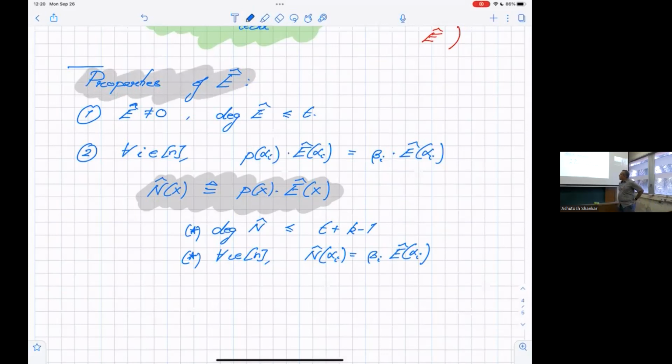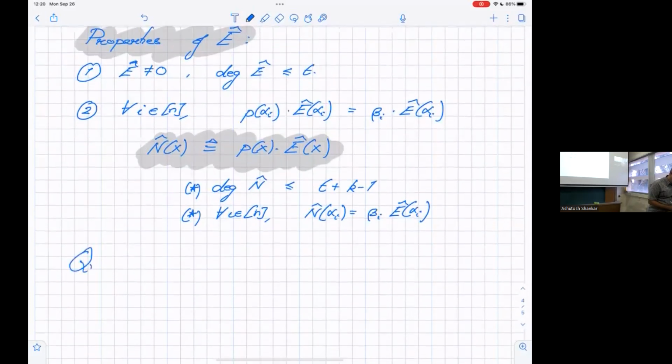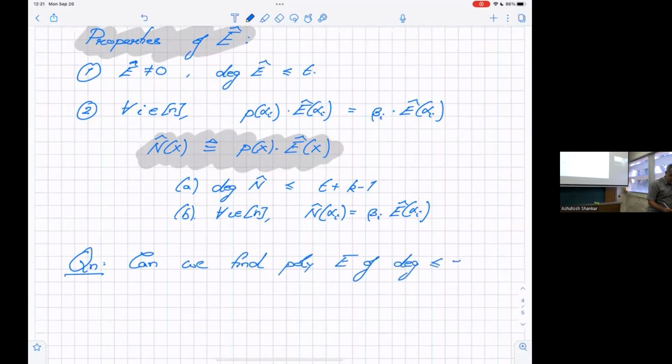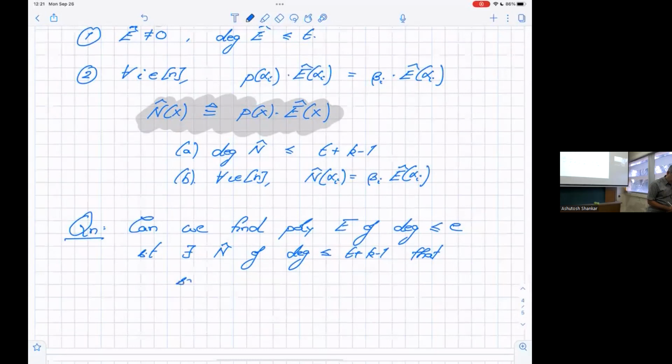So we turn around the question and ask: can we find a polynomial E of degree less than or equal to t such that there exists an N hat of degree less than or equal to t plus k minus 1 that satisfies this? Certainly, the E which we want to solve for has to satisfy this property. So let's find out if we can ask this question.